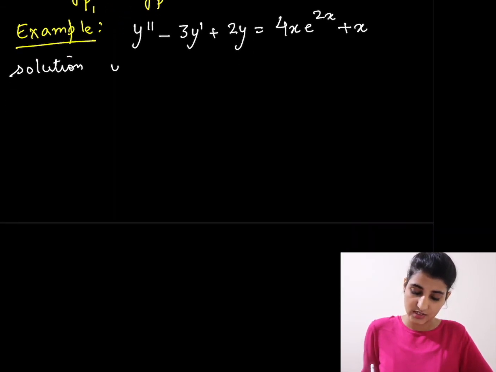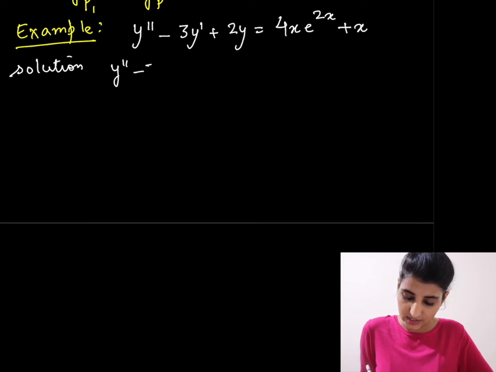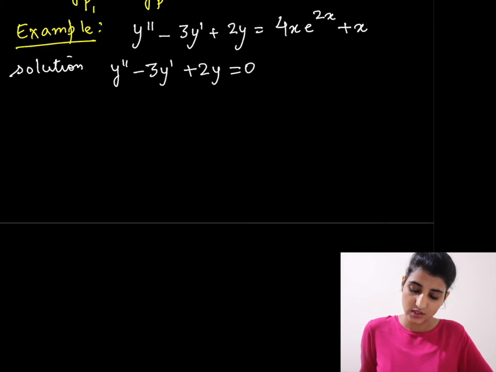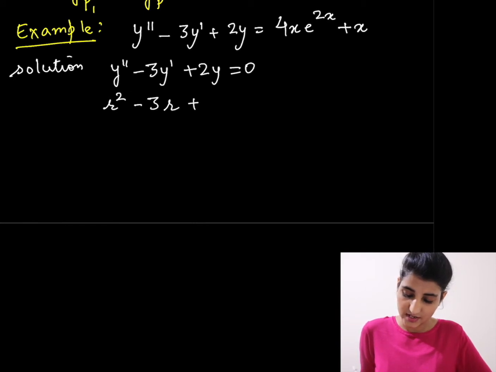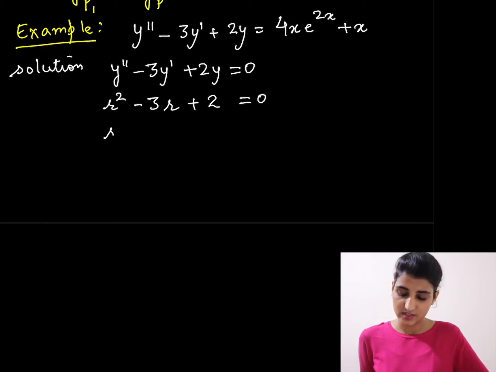So the first step is to write down the associated homogeneous equation and find yc. Here our characteristic equation is r square minus 3r plus 2 equal to 0, and we already solved this previously.